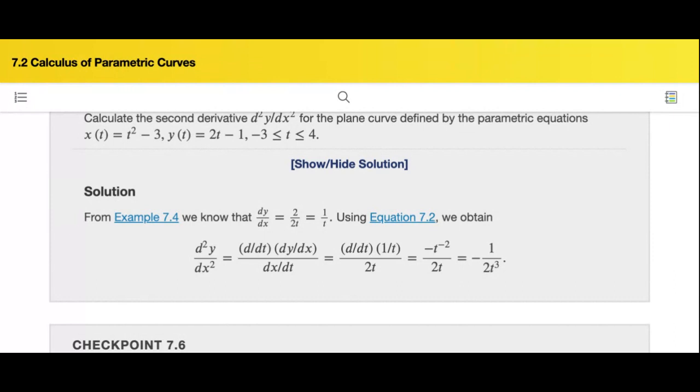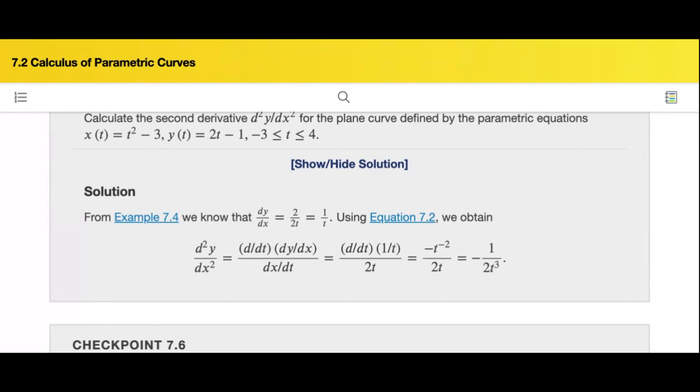So basically, we have dy/dx, and dy/dx is a function in terms of t. Even though the notation is weird, dy/dx of t equals 1 over t.